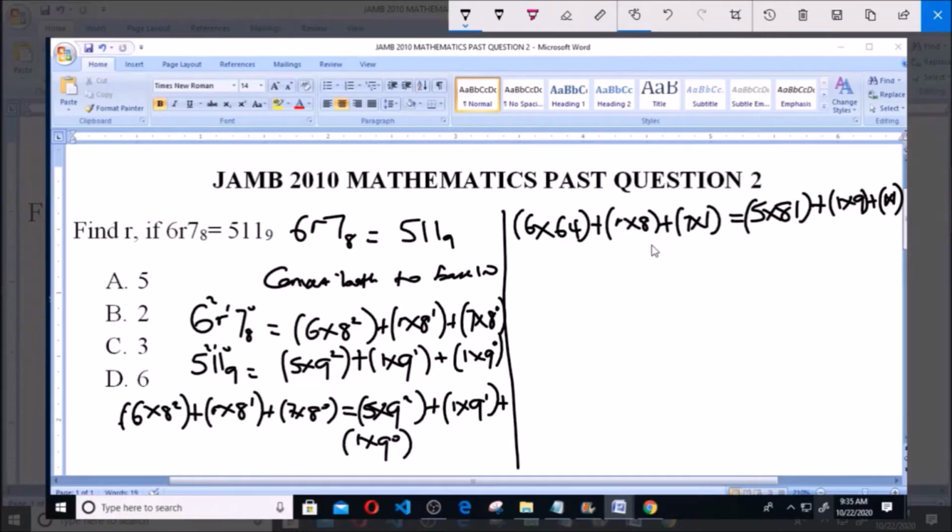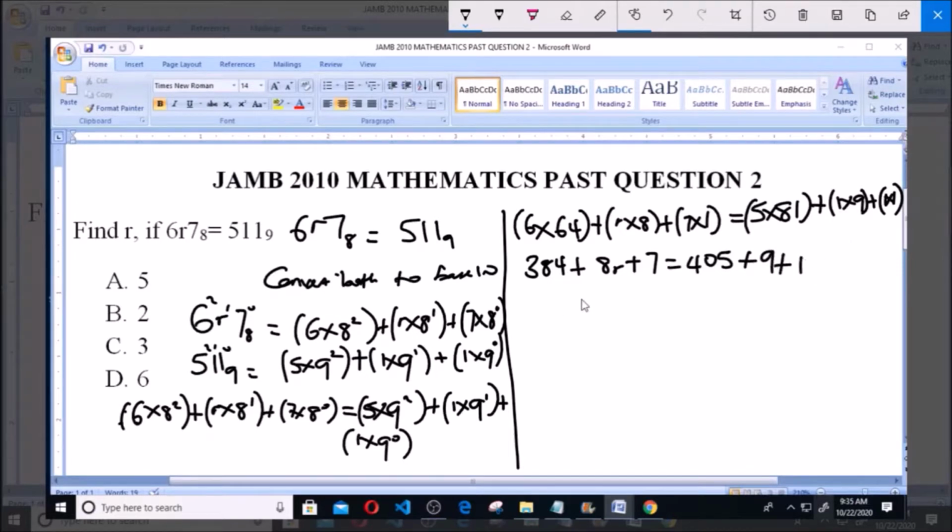So from this, 6 multiplied by 64 will give us 384 plus 8R plus 7 is equal to 5 multiplied by 81, which gives us 405, plus 9, that's 1 times 9, then plus 1 times 1.